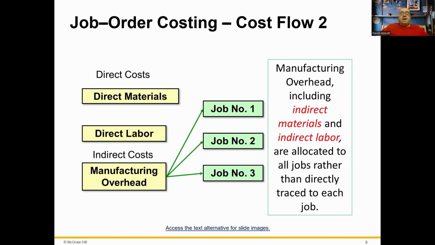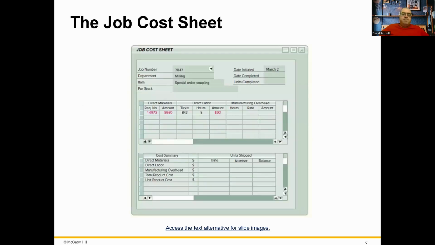That might be the lubricant that is used on a machine. That would be an indirect material. We don't know how much of that actually goes into each job, but we have to use it. Or labor for a maintenance person. That is important and it's being used, but it is not specific to each job.